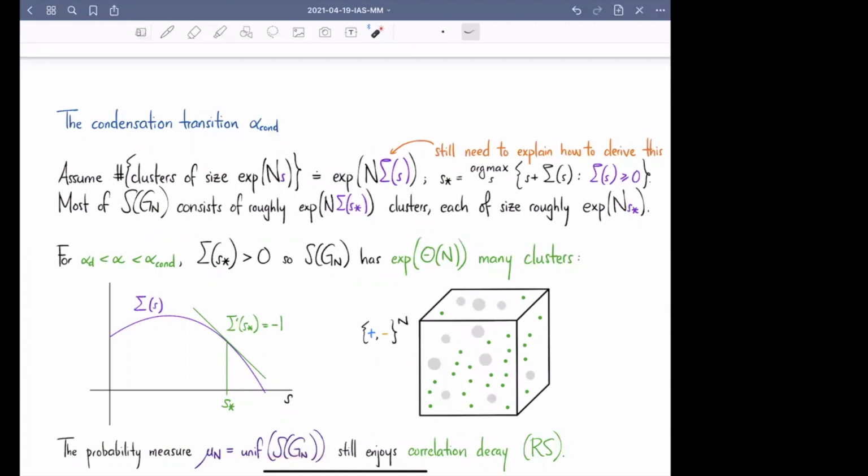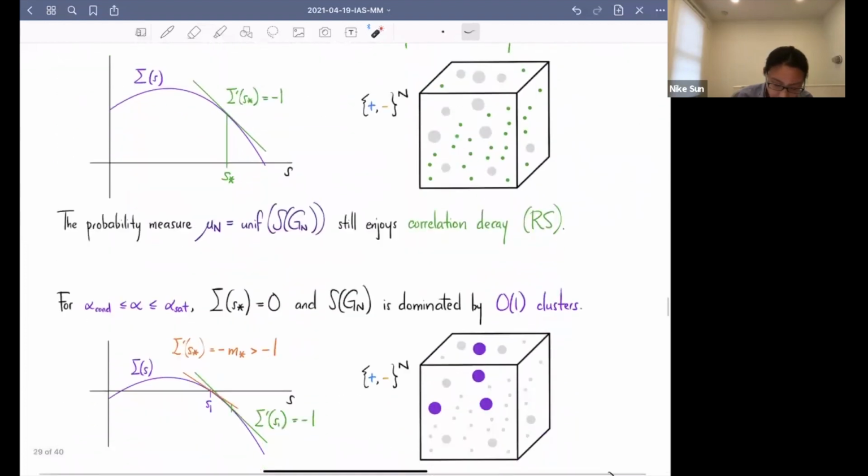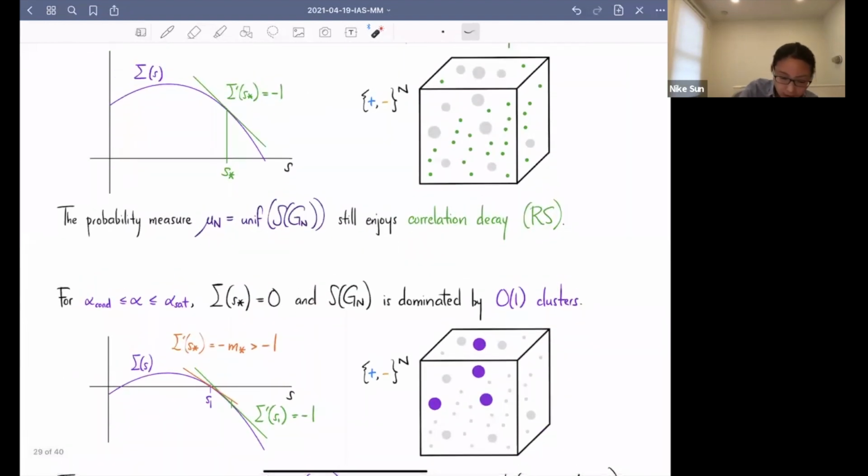So I'll contrast this with what happens when you're above Alphacon. This whole curve depends on alpha. As you add more and more constraints to the system, the curve will move further and further down. So when alpha is sufficiently large, the curve will have moved from up here to down here, and then the picture will be more like this.